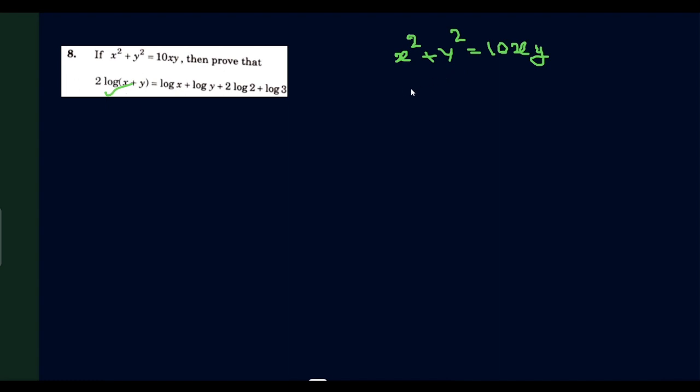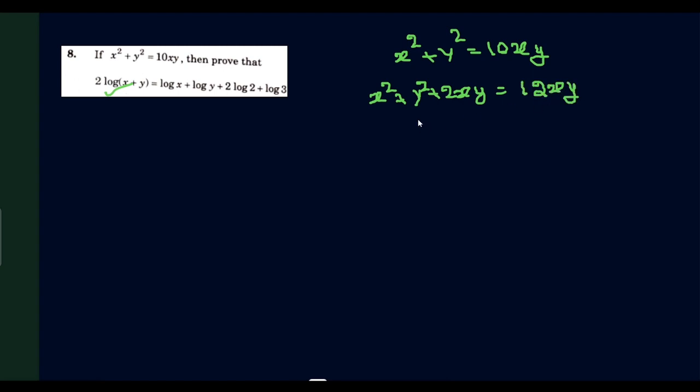So now I'm going to write this LHS in terms of x plus y whole square. Here I have x square plus y square, but the missing thing is 2xy. So what I'm doing is simply adding 2xy on both sides of the equation. So x square plus y square plus 2xy, and if I add 2xy on the right, it will be 12xy.